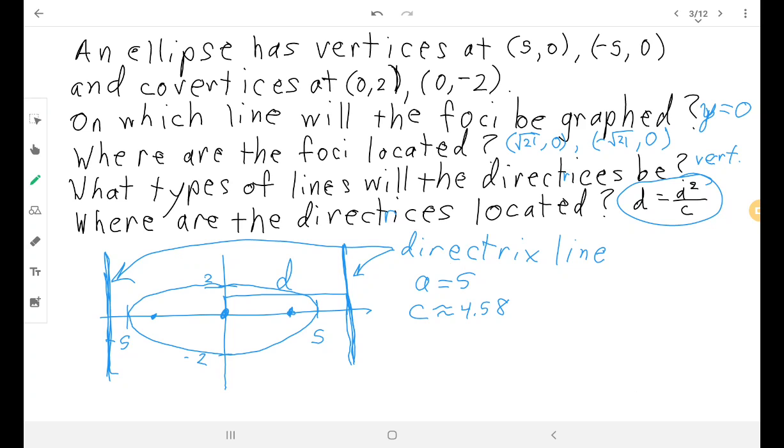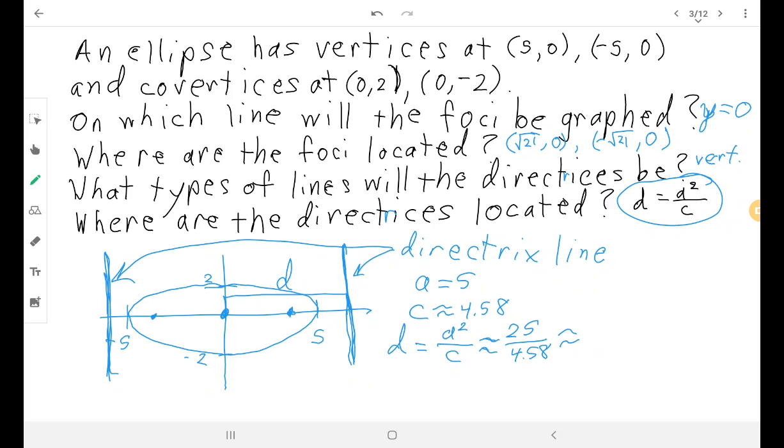So we have to find that distance d, which is a squared over c, which is 5 squared, 25, over approximately 4.58. This is actually an approximation now, which comes out to approximately, this is something you can do on a calculator, and I believe it comes out to approximately 5.42, if I'm remembering correctly.